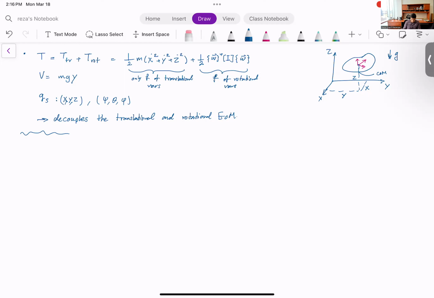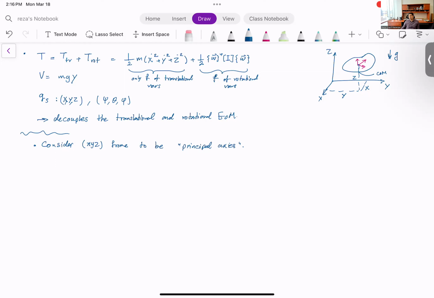And for simplicity, consider the little xyz frame, the body fixed one, to be my principal axes.